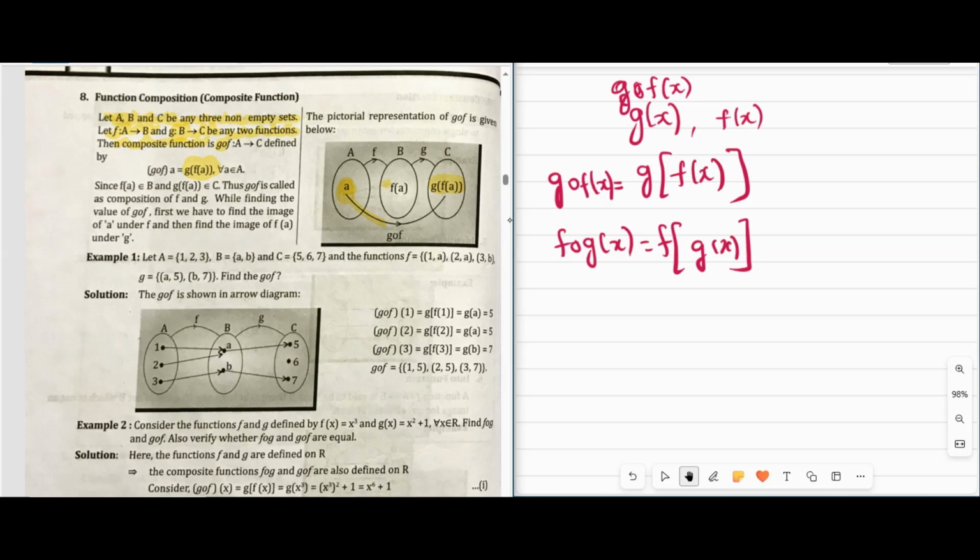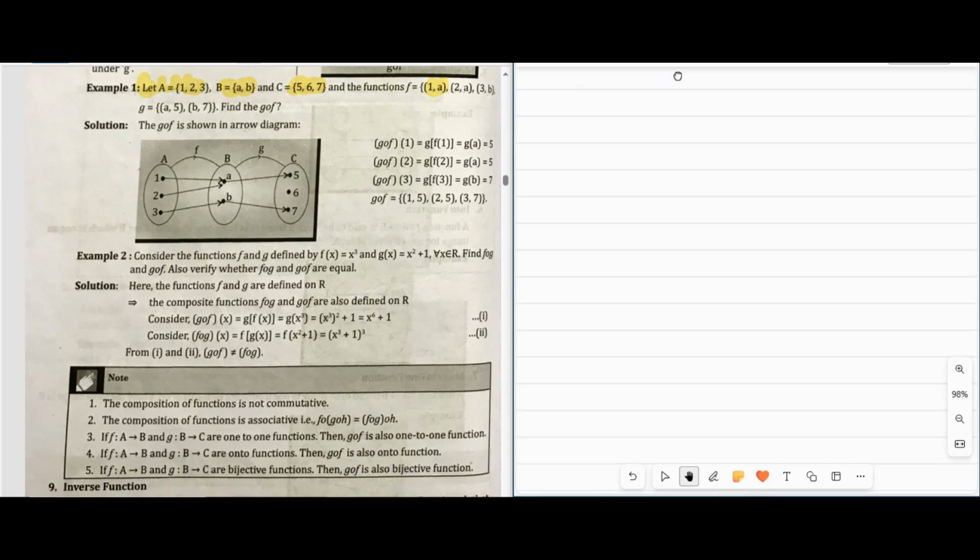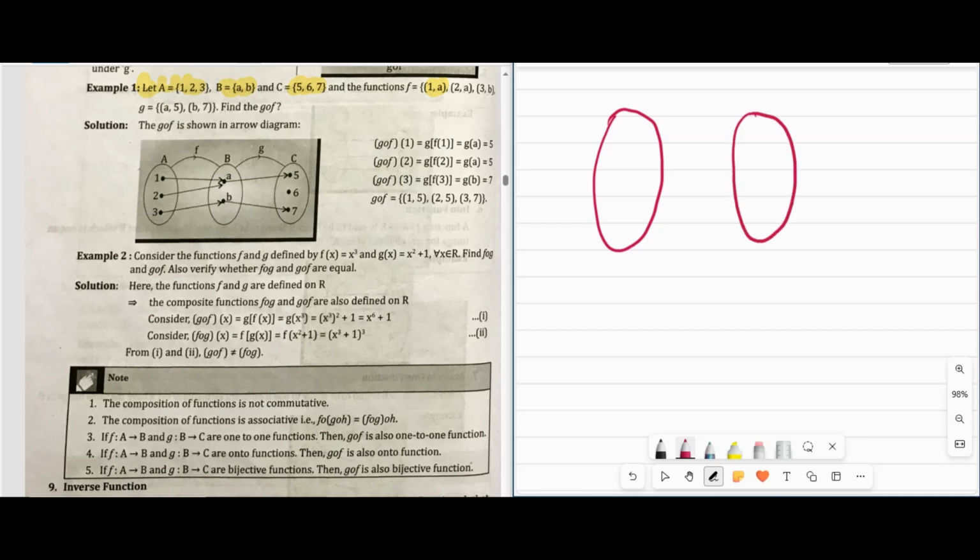Then here they've given an example, see how to find it.